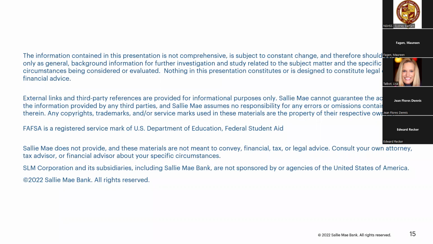The FAFSA provides eligibility for any student to receive a student loan. And some students, if they have enough need as determined by the FAFSA, will have the interest on their loans that's accruing be subsidized by the federal government during the time the student is in school. And so that is for a student that has a need as determined by the FAFSA. And that's really the whole purpose of the FAFSA, is determining financial need.